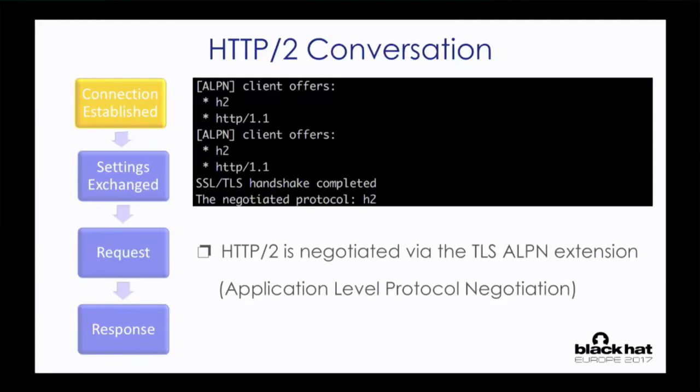If the communication is done over TLS, then the first stage in the TLS, when the client sends the first message of the handshake, the client hello, there is a TLS extension called ALPN, the application layer protocol negotiation, in which the client states that he is willing to communicate either in H2 or in HTTP 1.1. If the server supports H2, that protocol is negotiated, and from that part on, the client and the server continue the conversation in the H2 protocol.